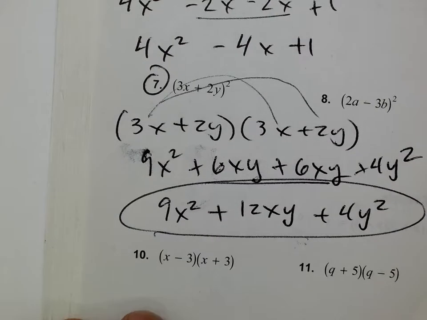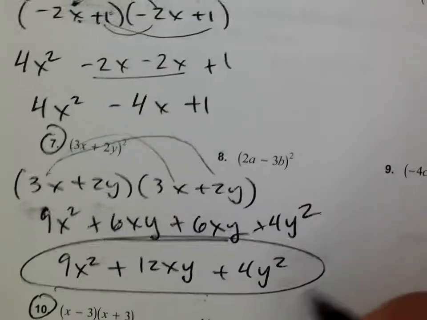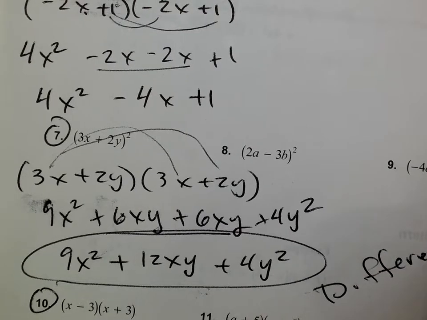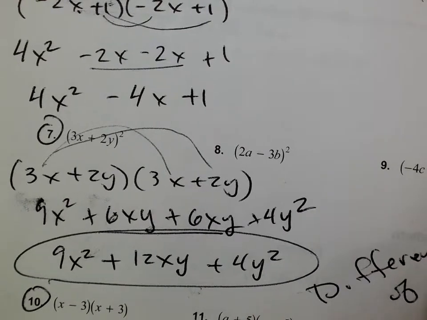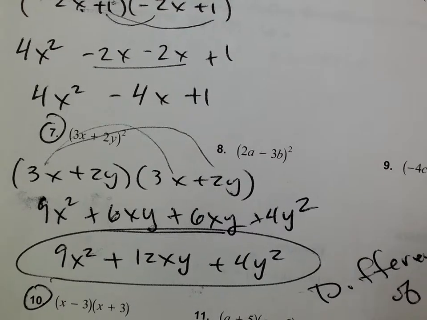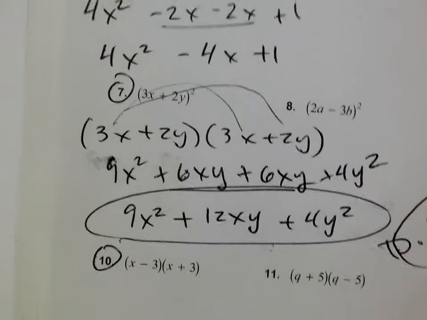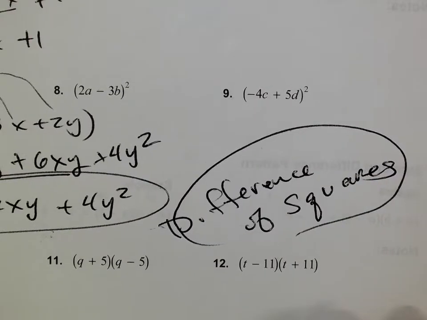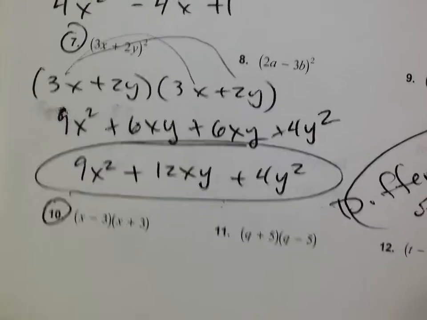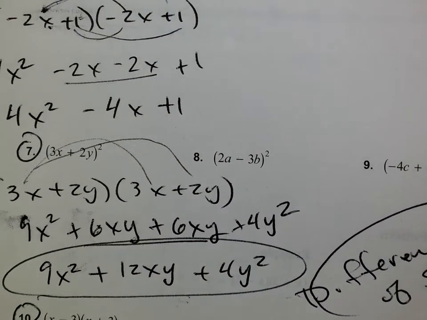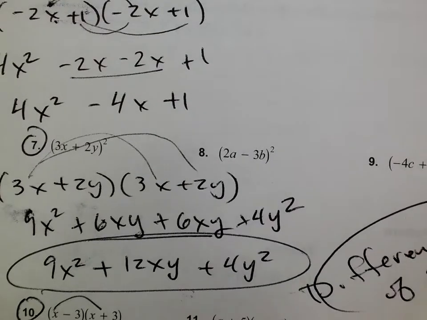Good question. Now, 10. They call this difference of squares, and you'll see why. These are the same thing, except our middle term will disappear. Let me show you why. We get x times x, x squared.